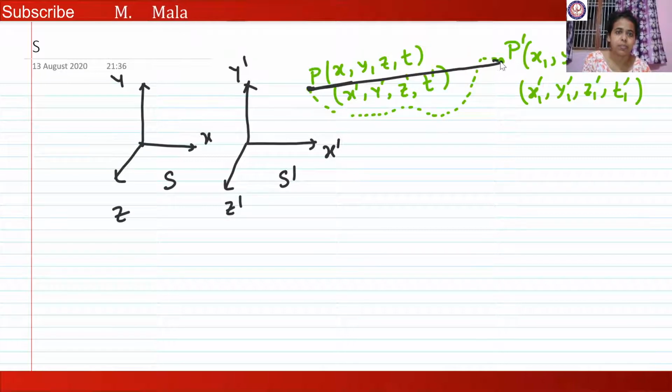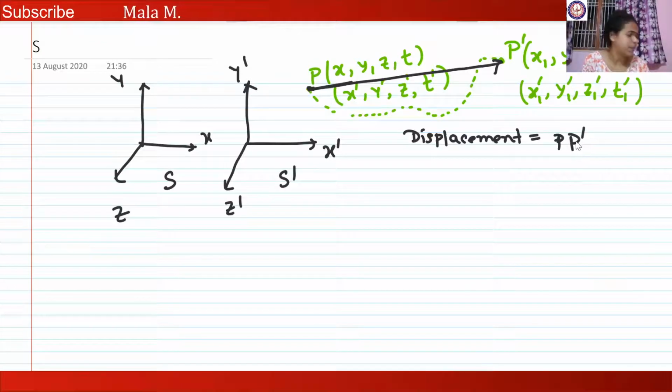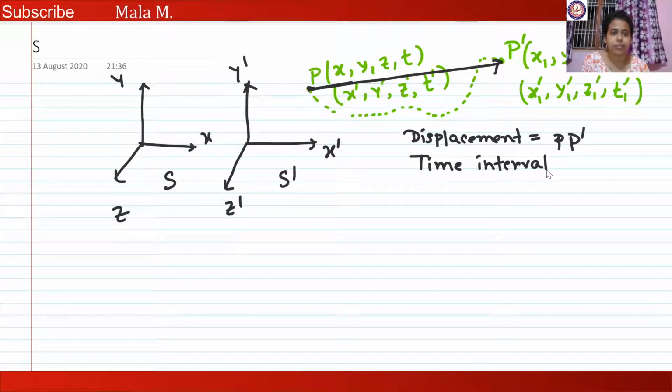One is the displacement vector, which is P prime, we have to find out P prime with respect to two frames, and the time duration or time interval, which is final minus initial time.